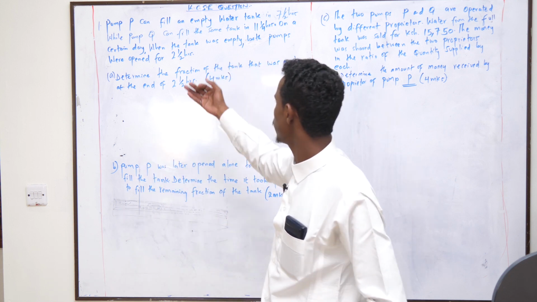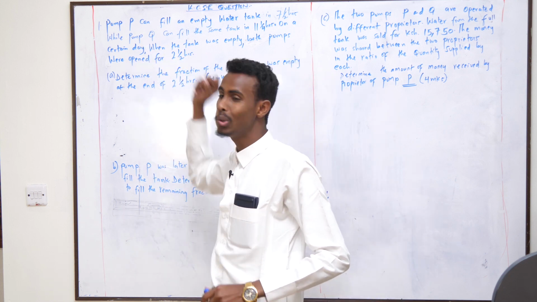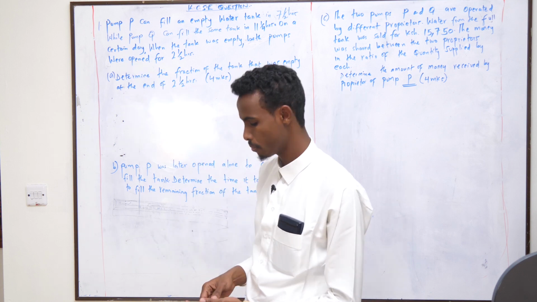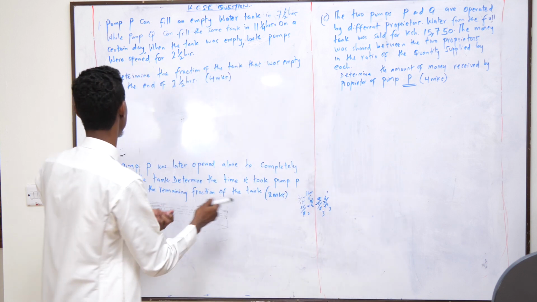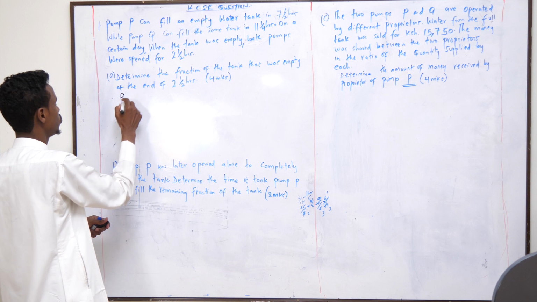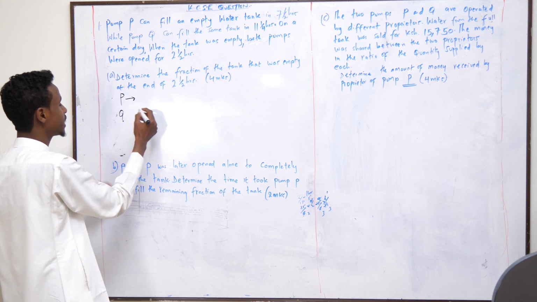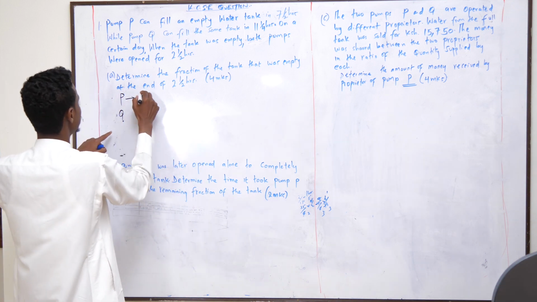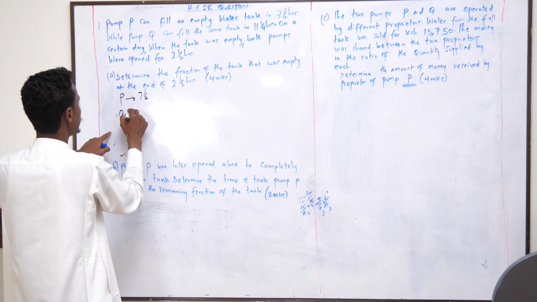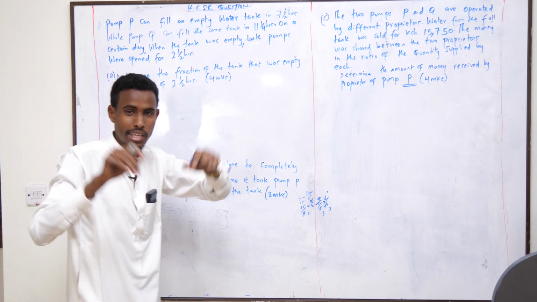Now, as you can see, we have two pumps: pump P and pump Q. Pump P can fill a tank in 7.5 hours. Pump Q can fill the same tank. It's not a different tank.